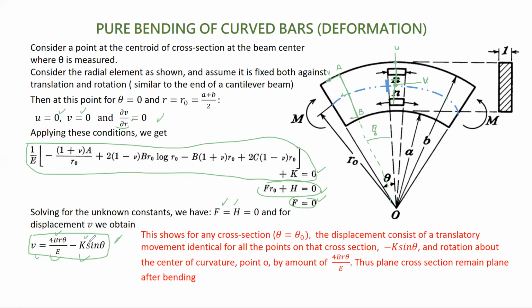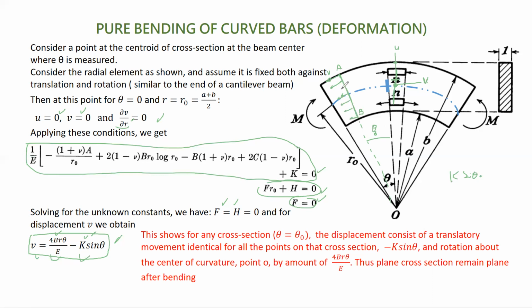The second value for theta equal to theta 0, k sine theta 0, would be the same. So the second term shows every point here moves the same distance, that is, translated the same distance.